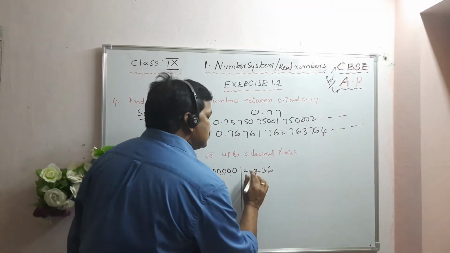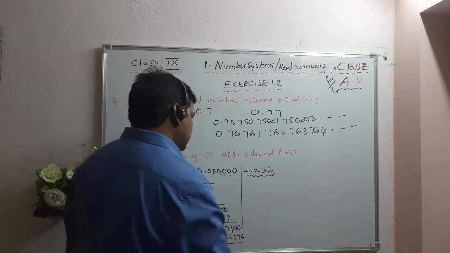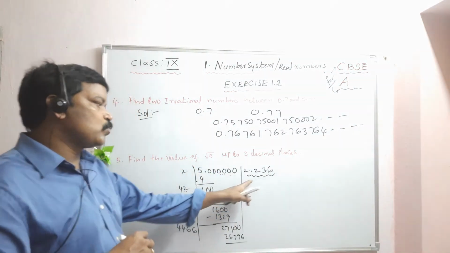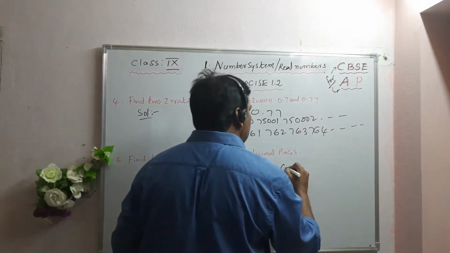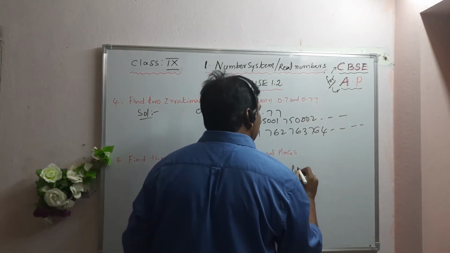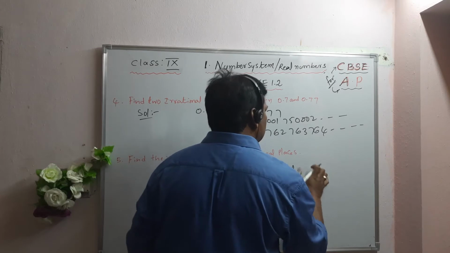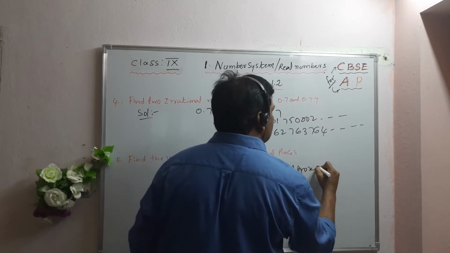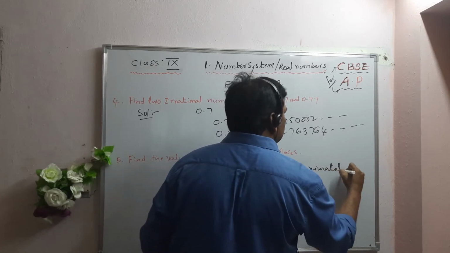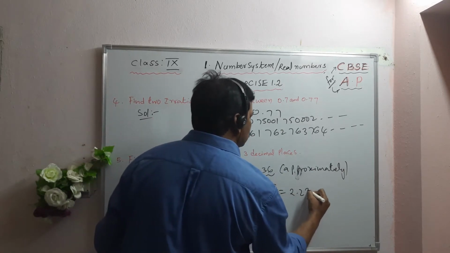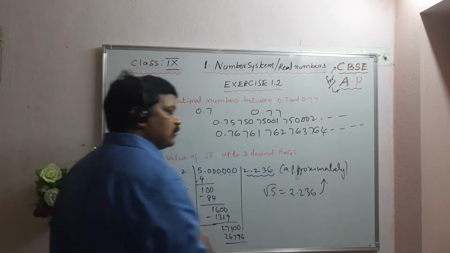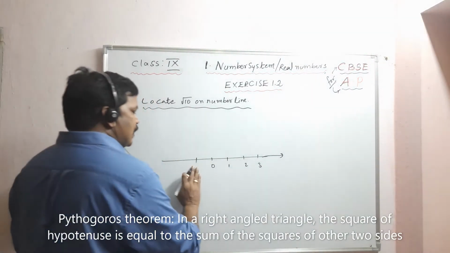So this 2.236 is the approximate value of root 5. That means 2.236 is the approximate value. But I will teach you the actual process.